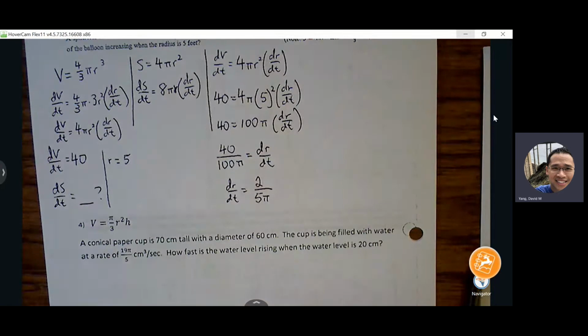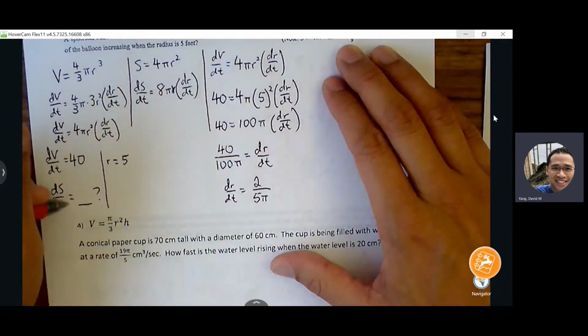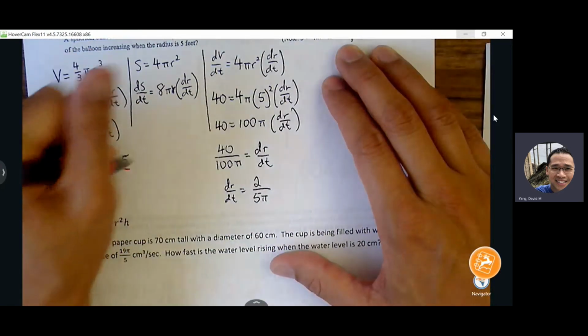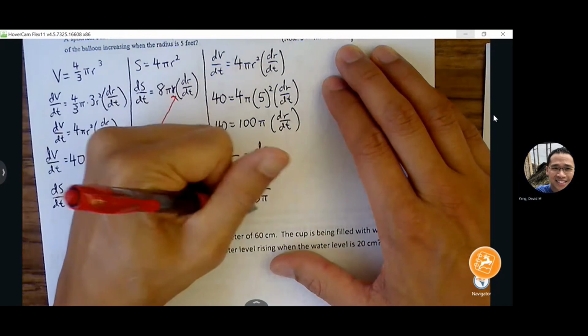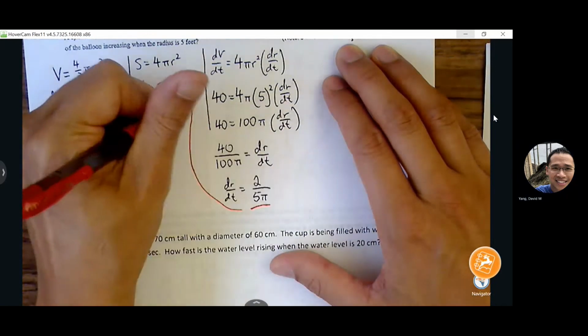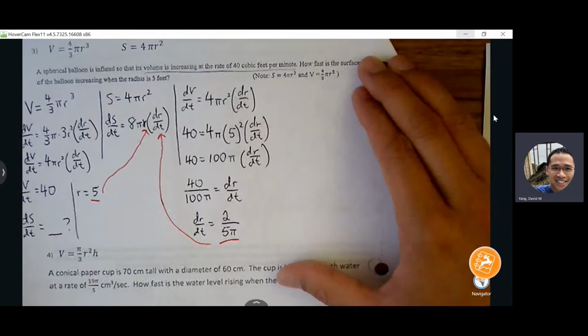All right, so these are the missing pieces that we need, right? To find dS dt, which is our goal for this problem, we needed r, and we needed dr dt. Now that we have both pieces, we can solve for dS dt.